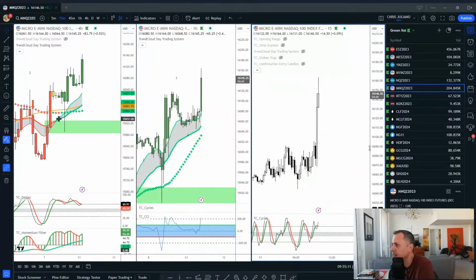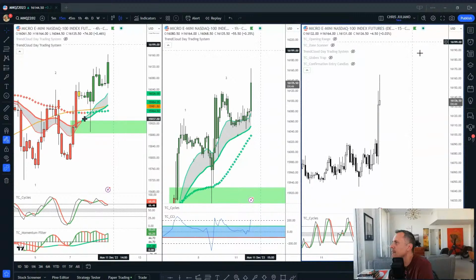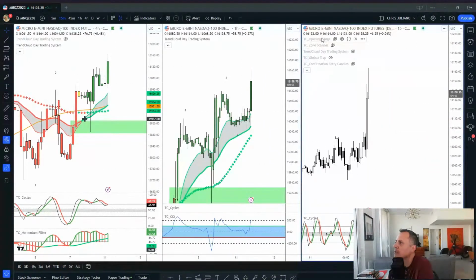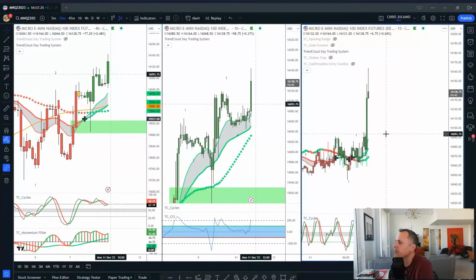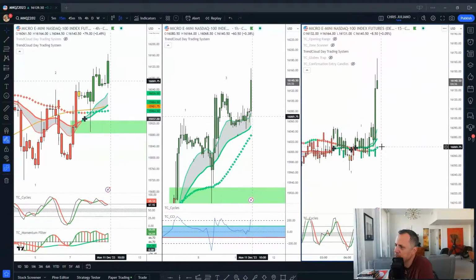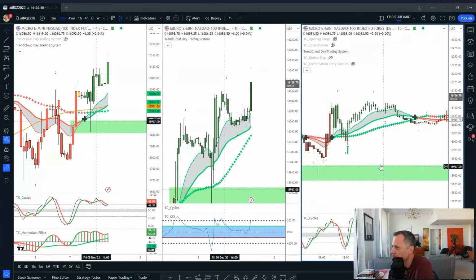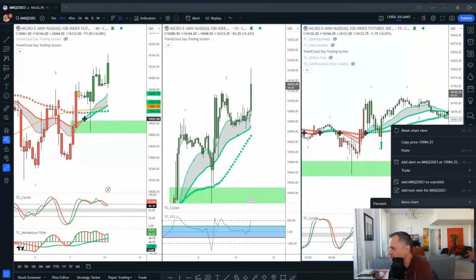Take a look at this right here. TrendCloud also to the upside. Now, these signals that we're getting on the 15-minute chart, they're doing pretty well, right?